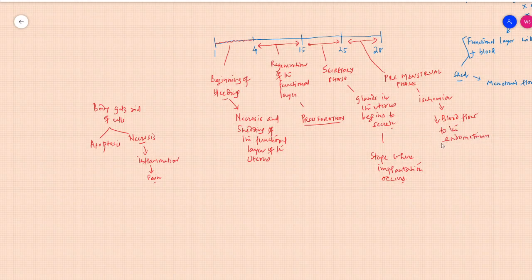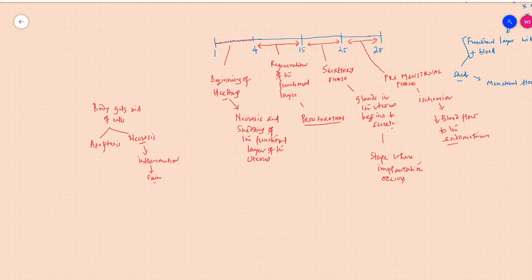Why is there reduced blood flow to the endometrium? Because all the blood vessels that were there have been removed in menstruation. The functional layer is lost, and it had lots of blood vessels. Those blood vessels are also lost. As a result, the endometrium does not receive enough blood, and this period causes ischemia.